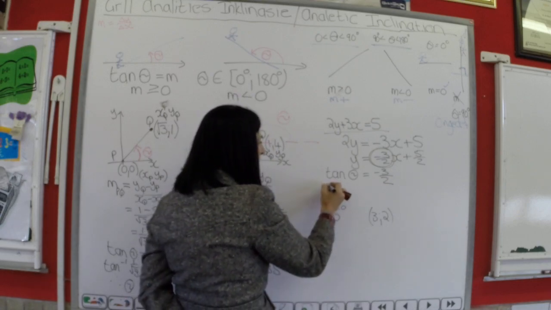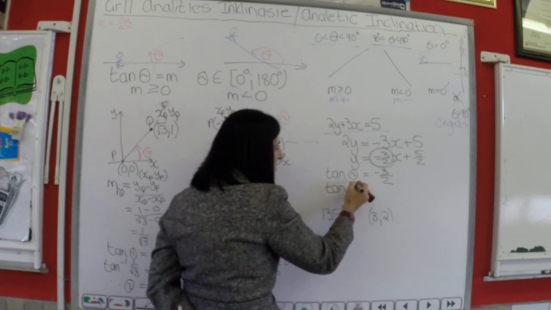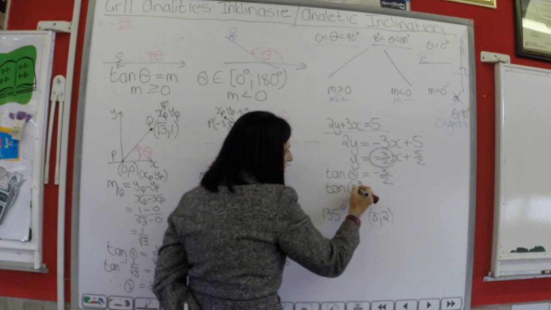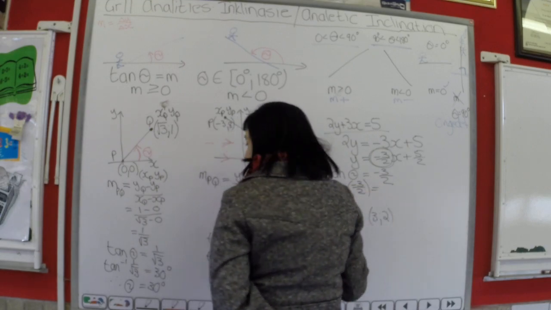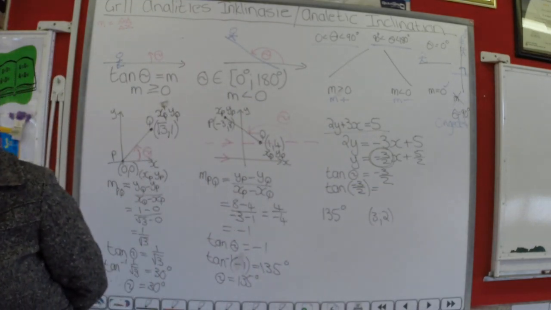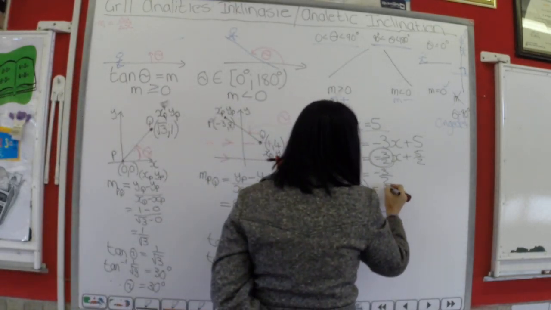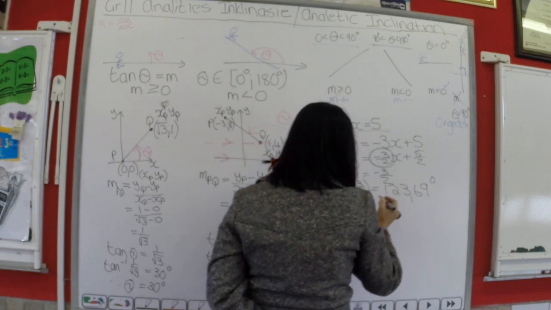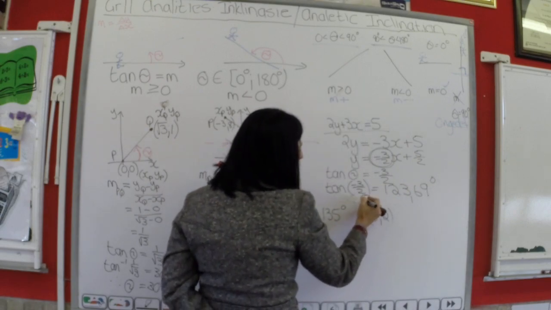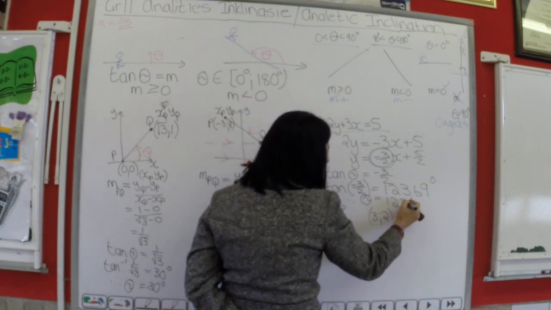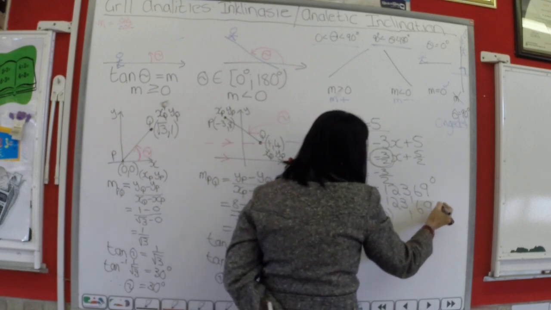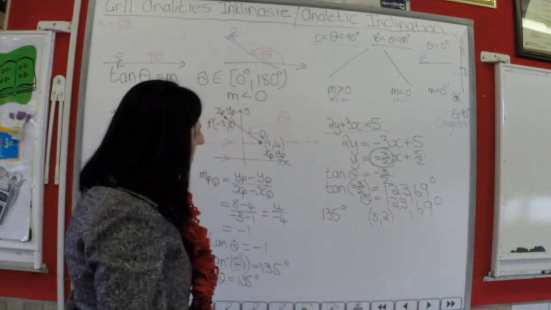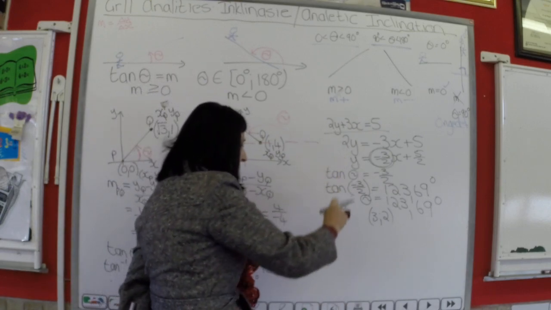So if I do the reverse action, minus 3 on 2, then I'll get an obtuse angle of 123.69 degrees. Therefore theta equals 123.69 degrees. That's my inclination of that straight line.